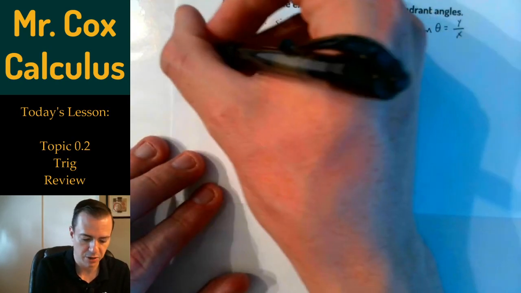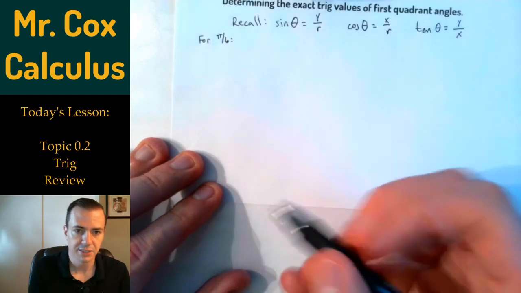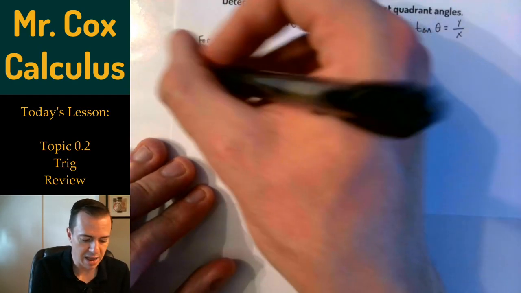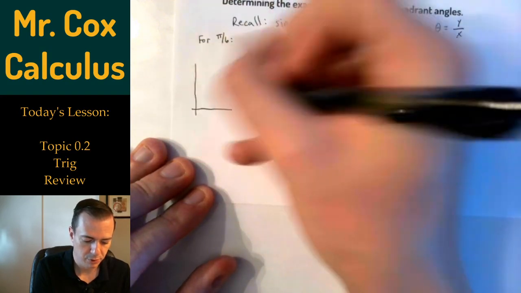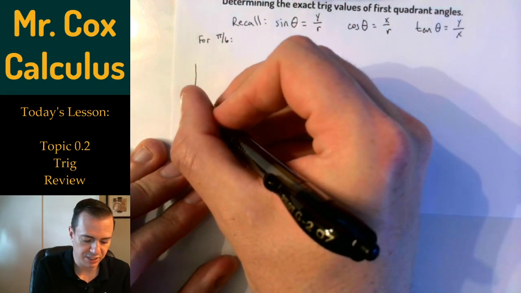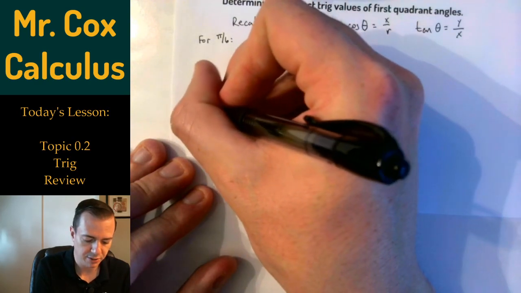So the first one that we're going to look at is pi over 6. And so what I'm going to do is graph my first quadrant angle and say, okay, pi over 6 is going to look something like this.